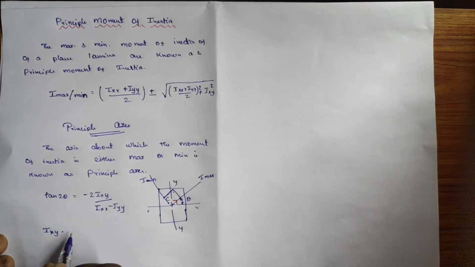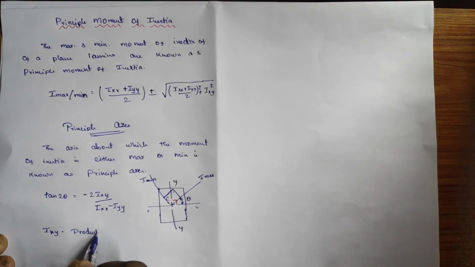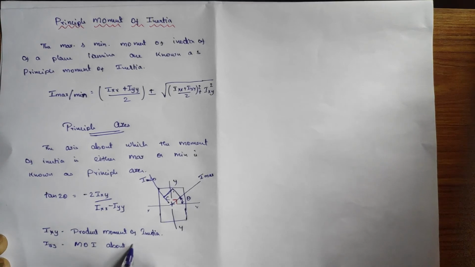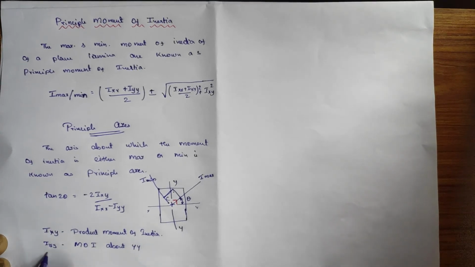Ixy is the product moment of inertia, Iyy is the moment of inertia about the y axis, and Ixx is the moment of inertia about the xx centroidal axis.